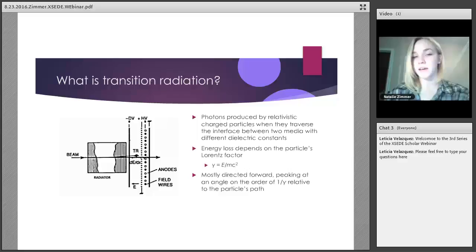So let's start with what is transition radiation? Transition radiation occurs when you have a high energy charged particle pass through different media with two different dielectric constants.